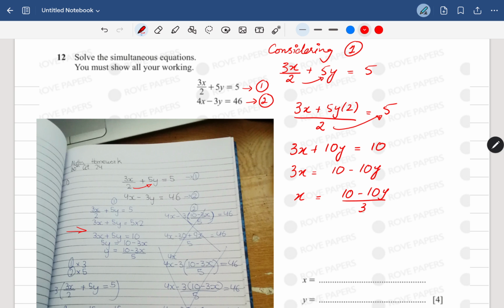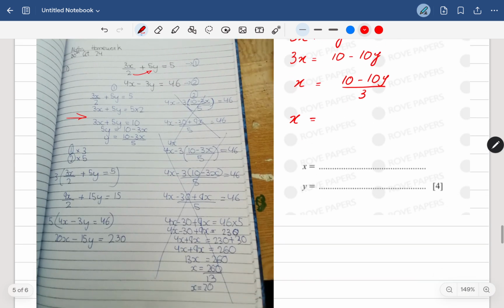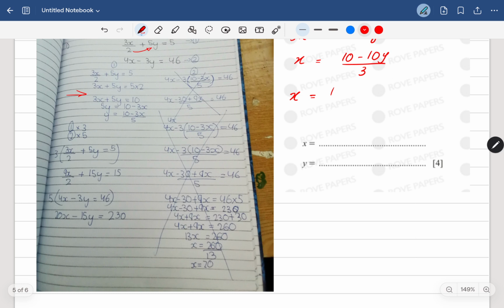And what you can do here further to simplify is x equals 10, take 10 as the common, 1 minus y, and that will be divided by 3. So that's the same thing. That's your equation number 3.